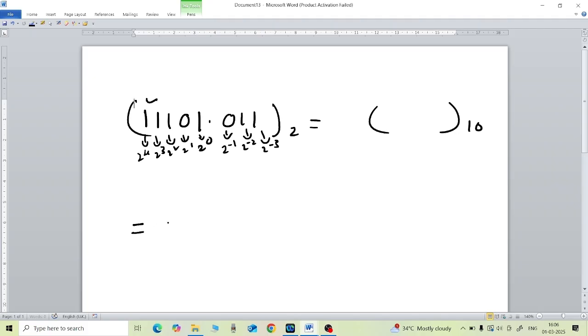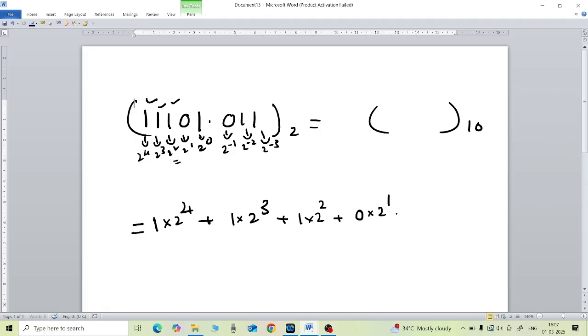So we put the equal sign to find the decimal number. This one into 2 raised to 4, plus the second one, that is 1 into 2 raised to 3. We are just multiplying with the positional weight, that's all. Plus 1 into 2 raised to 2, plus 0 into 2 raised to 1.